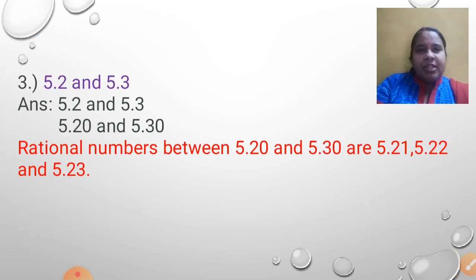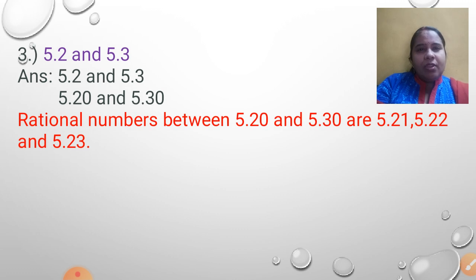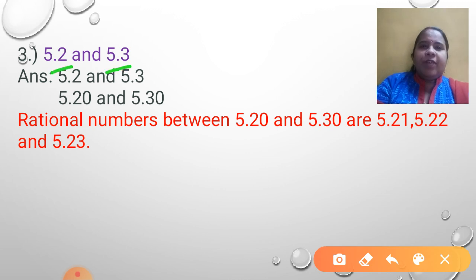Okay, let's see the next question. The third one, 5.2 and 5.3. Both have, as you can see, only one digit after the decimal point. If I write one more 0 here and 0 here, I get a range of 20 to 30, and I want only three numbers between them, right? So I can write 5.21, 5.22, 5.23.